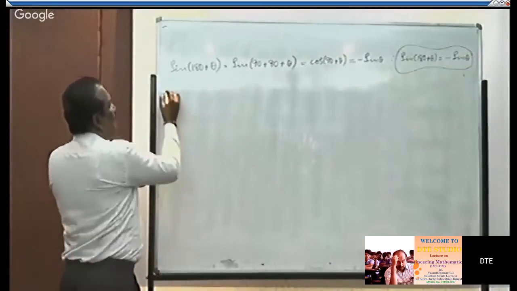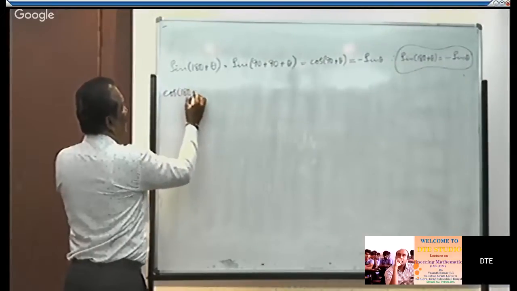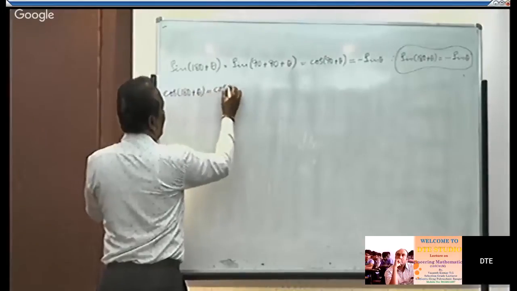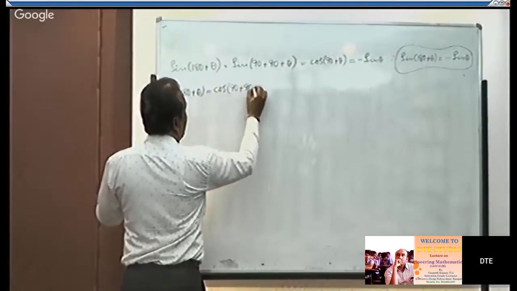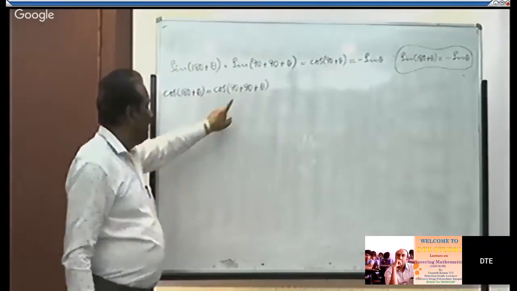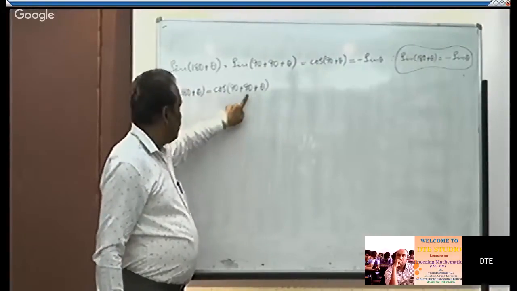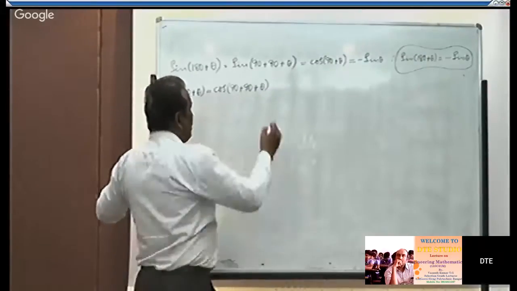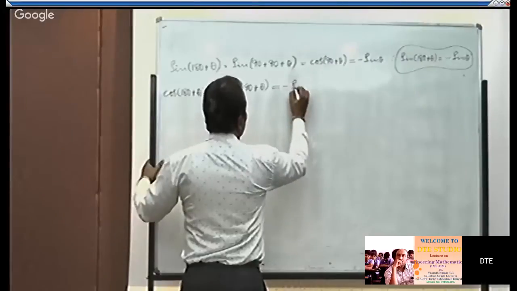Now, cos of 180 plus theta. As usual, split 180 degrees as 90 plus 90. Write down the remaining plus theta as it is. Consider 90 plus theta as theta. If it is so, it becomes cos of 90 plus theta. We know that cos of 90 plus theta is minus sine theta.